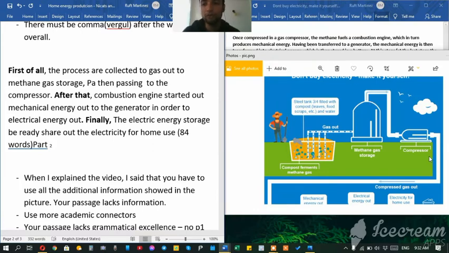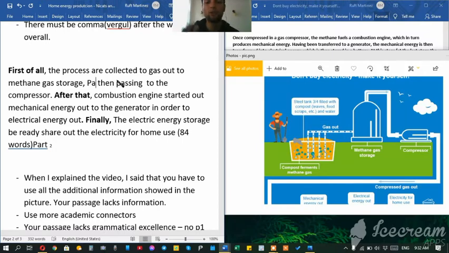And then I'm going to my next step. You see after that the combustion engine starts, mechanical energy goes out to the generator, in order for electrical energy to come out. Which stage is that? See how much information you missed here. Please understand and use all the specific information. You have everything in the picture.